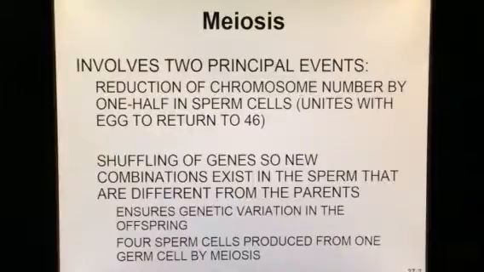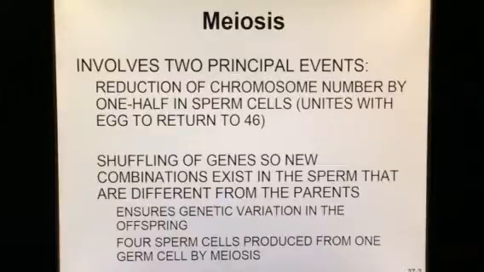So here, for example, it's talking about a sperm cell having half of the chromosomes, and that number for us is 23. And so a sperm cell will have 23 chromosomes. Then when it unites with an egg cell, which also has 23 chromosomes, that will restore the full chromosome number, which is 46. So that's a big deal about meiosis.